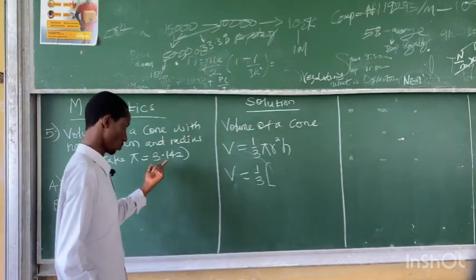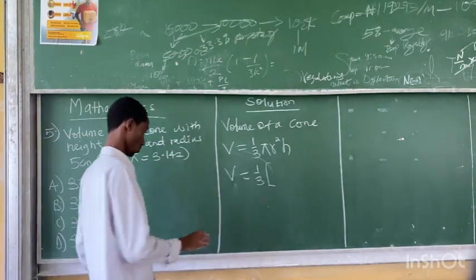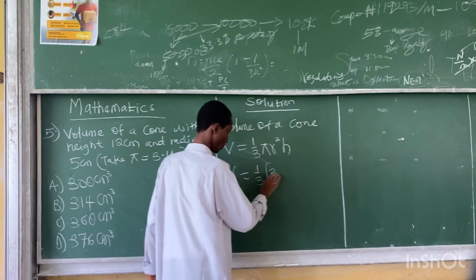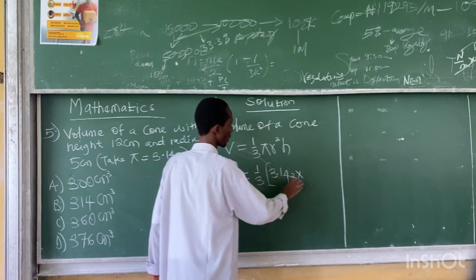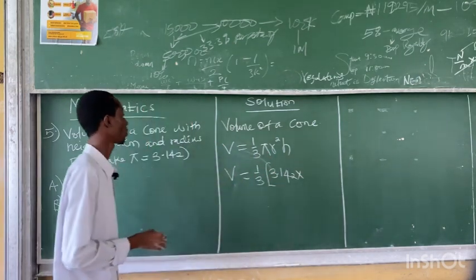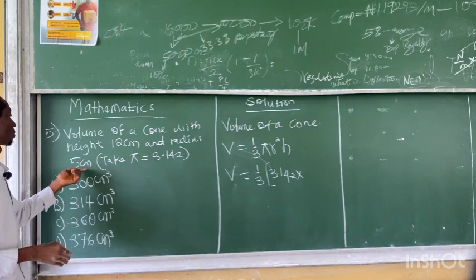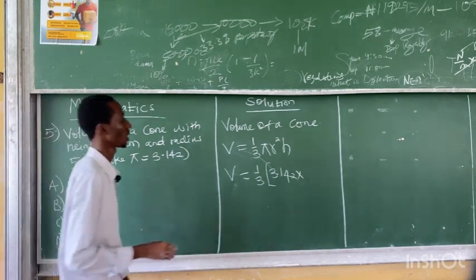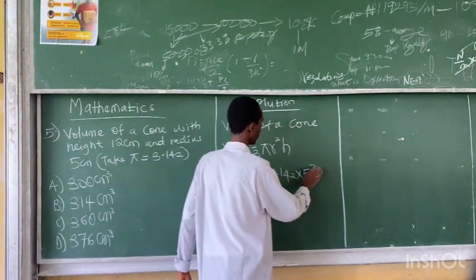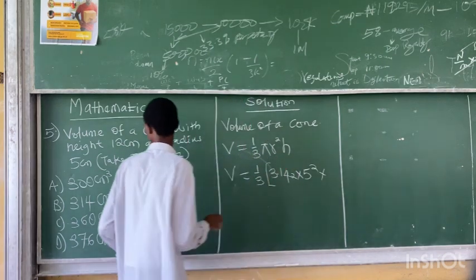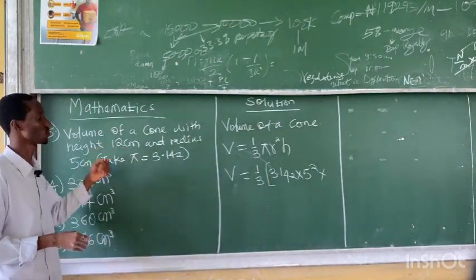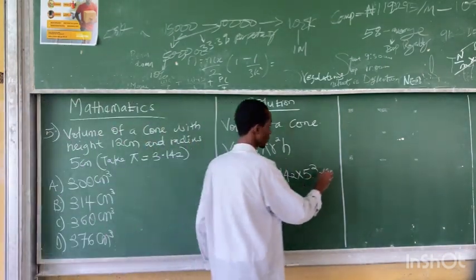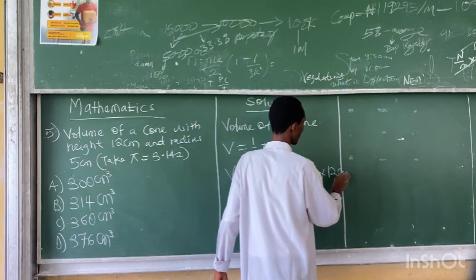Pi they gave us in the question is 3.142. So we have 3.142 times r, which in the question is 5 cm, so we have 5 squared, times h, which is the height, 12 cm.